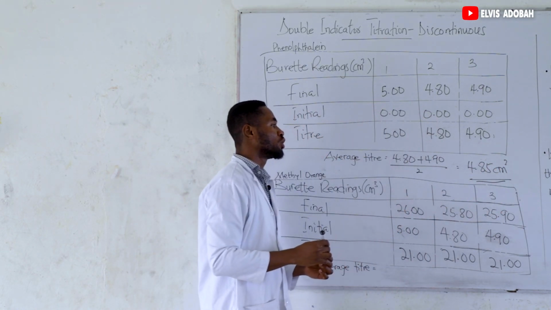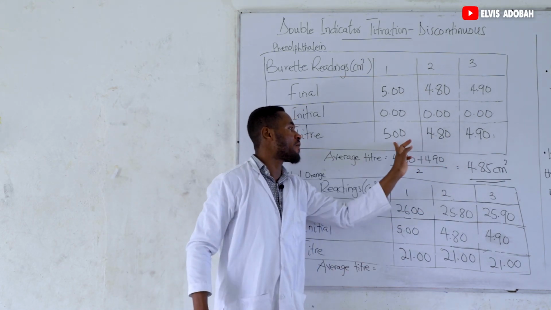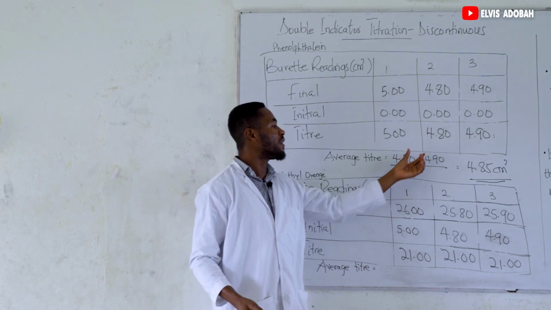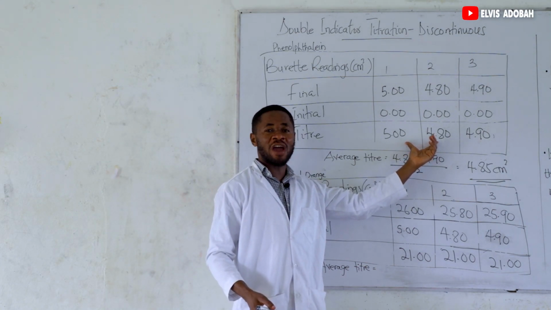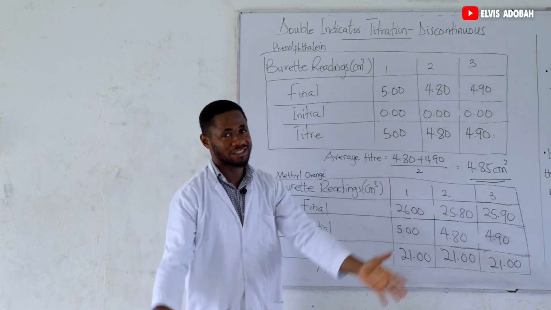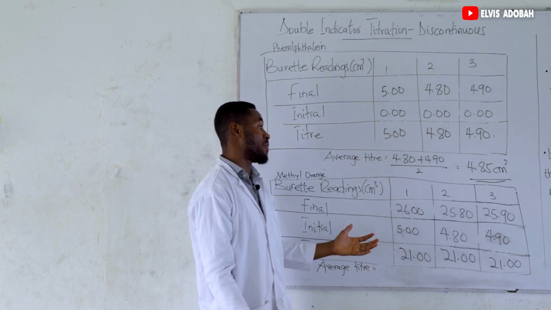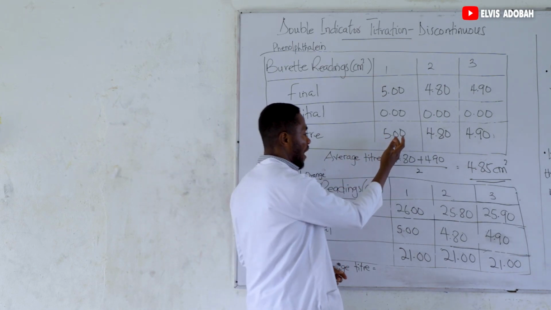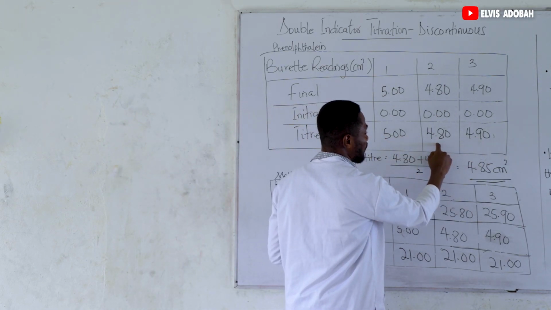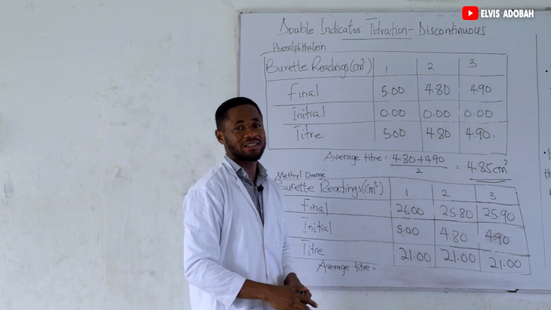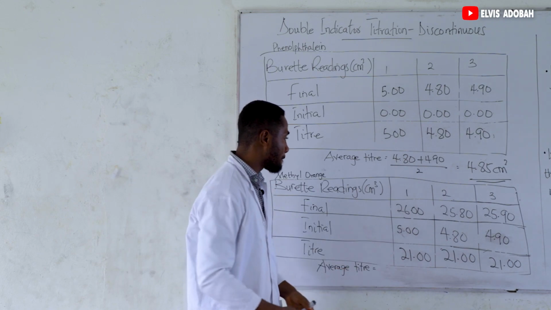You could also choose 4.90 and 5.00. That one too is consistent. And even though 4.80 and 5.00 are wider apart, they are still consistent. But it will be better to choose 2 values that are more consistent. So 5.00, 4.90, 4.80, 4.90. They are more consistent. So it will be better to choose them.